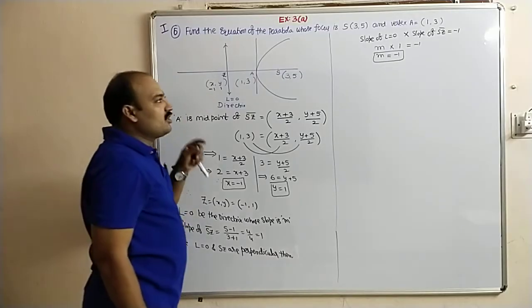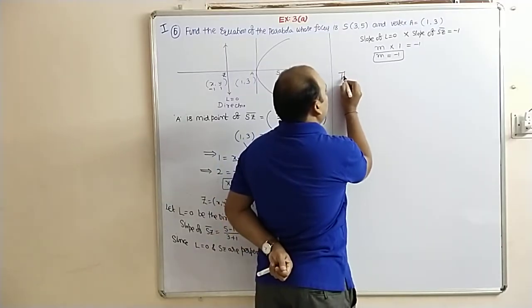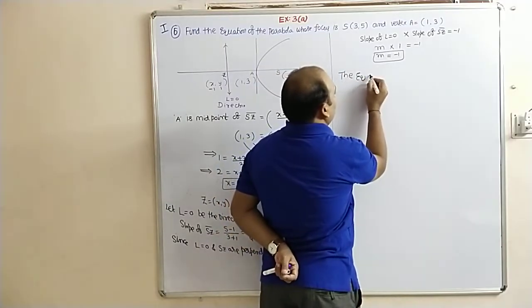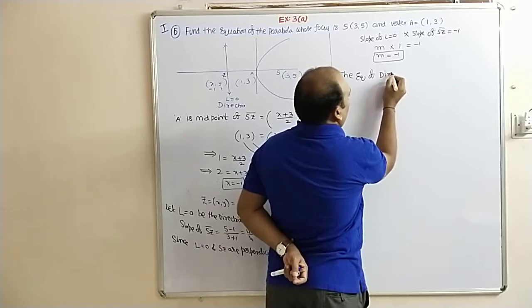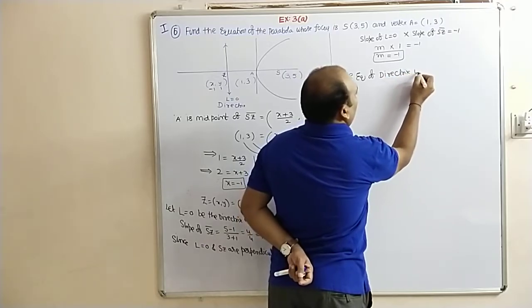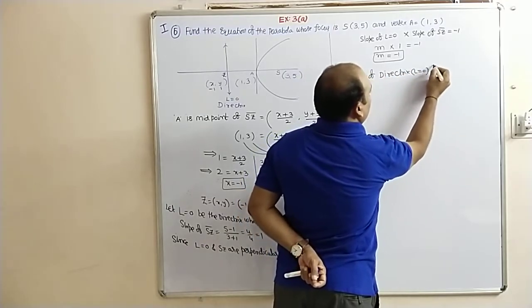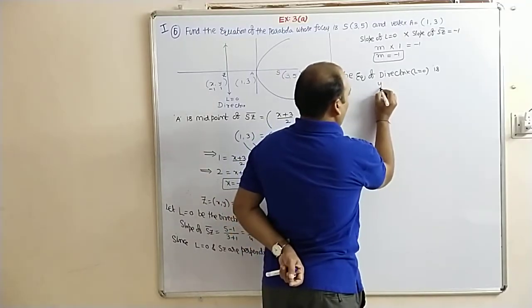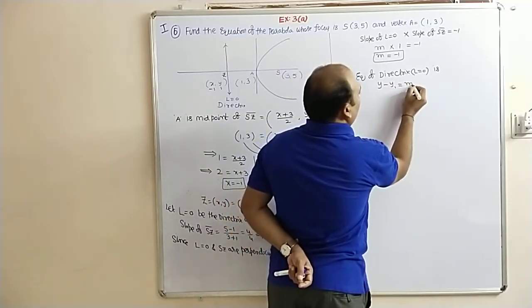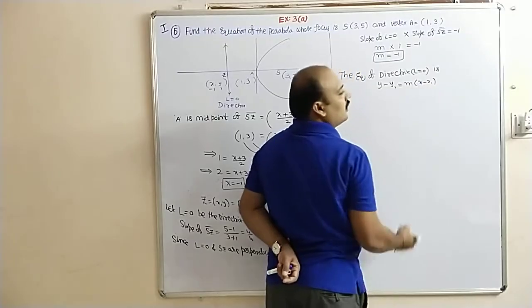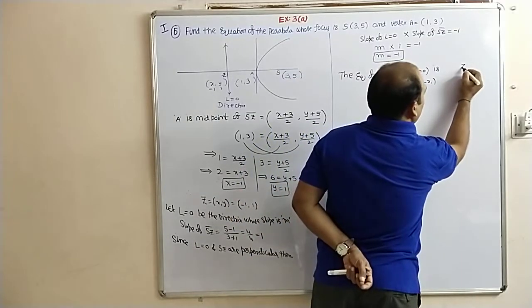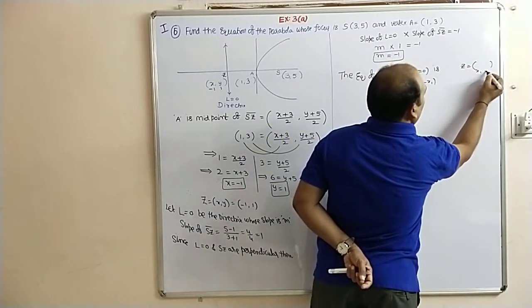So now the equation of L equal to 0, the equation of the directrix. The equation of directrix L equal to 0 is y minus y1 equal to m into x minus x1. Here we got x1, y1, the Z coordinate is x1, y1 only now.